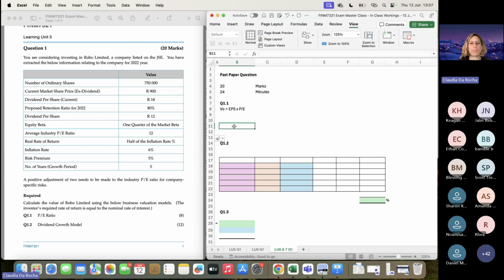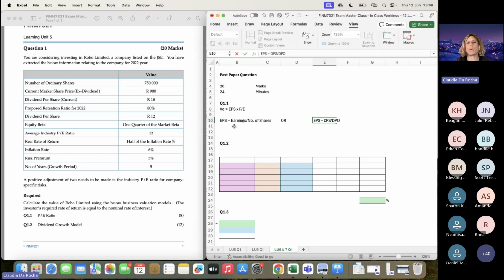Okay, so now we go on to question 1.1. We have EPS times your price earnings ratio. First thing we need to calculate is EPS. With EPS, remember there are two formulas. We either say it's our earnings divided by the number of shares, or we say EPS is equal to our dividend per share divided by the dividend payout ratio.